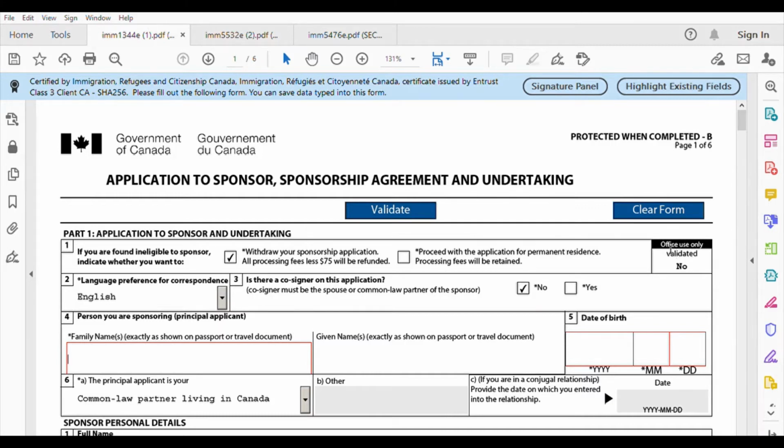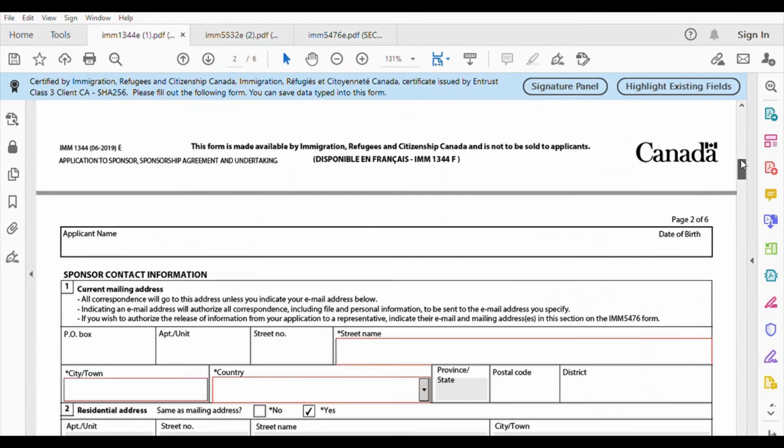Here you see validated no, but if everything is alright and everything is correct, validated must show yes. So you validate, and then it must show yes here. This is very important.